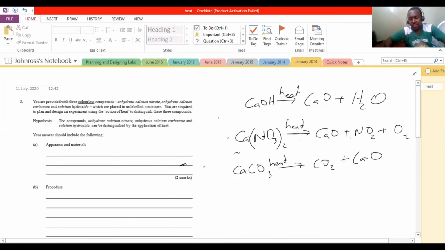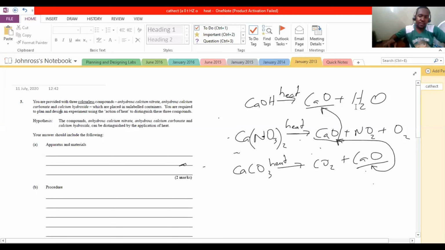So you notice that each of these reactions has calcium oxide being produced. So we can't use calcium oxide to distinguish which one is which, right? Because all 3 reactions will produce this same compound.